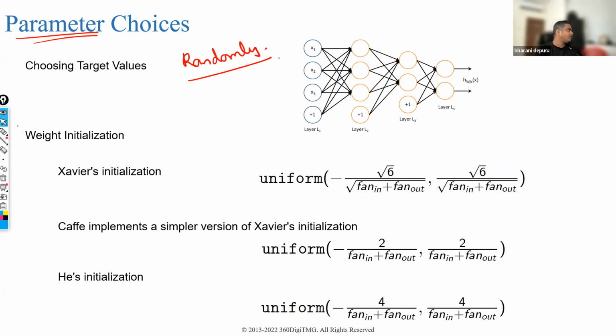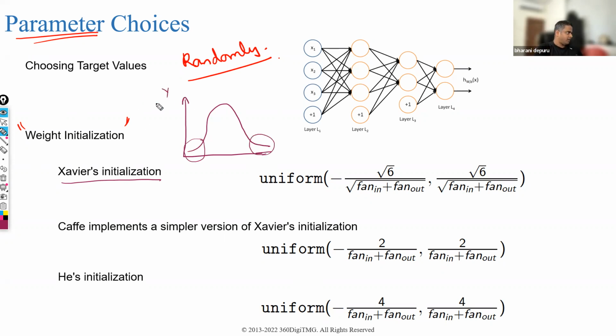However, there are other weight initialization techniques, such as Xavier initialization. When it comes to Xavier initialization, we use uniform distribution. Uniform distribution means, okay, first of all, let me draw a normal distribution like this. In a normal distribution, the probability of getting very low values or very high values is less.